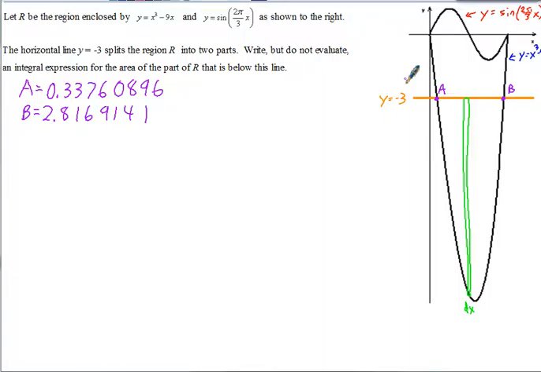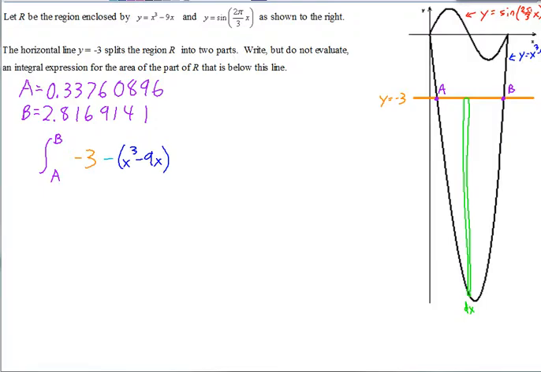So this integral, the area would be from A to B. We still needed to find where they were. And notice the function on top, it's a little weird, but it is -3, minus the one on the bottom, which is the cubic graph here, x cubed minus 9x.